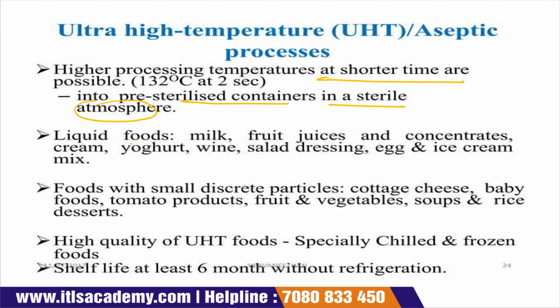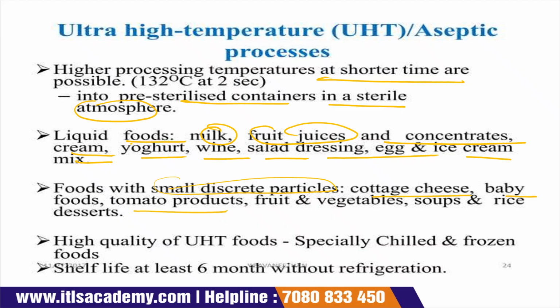This suits liquid foods like milk, fruit juices and concentrates, creams, yogurt, wine, salad dressing, egg, ice cream mix, and foods with small distinct particles like cottage cheese, baby foods, tomato products, fruits and vegetables, soups, rice, desserts, and high-quality UHT foods, especially chilled and frozen food products.